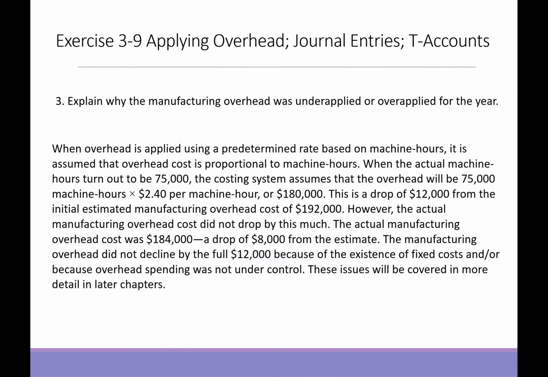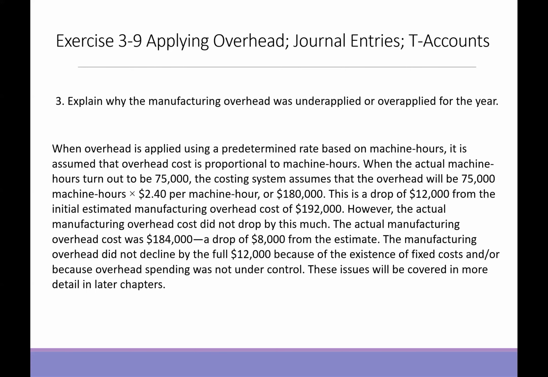When overhead is applied using a predetermined rate, it's assumed that the overhead cost is proportional to machine hours. But when the actual machine hours turns out, in this case, to be 75,000, the costing system assumes the overhead will be 75,000 times the predetermined rate.